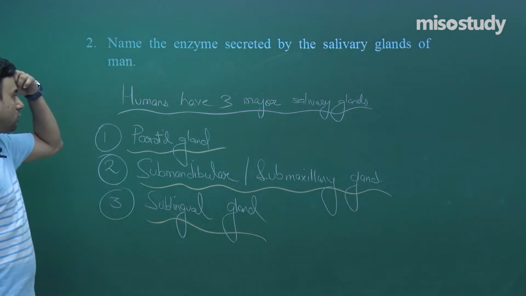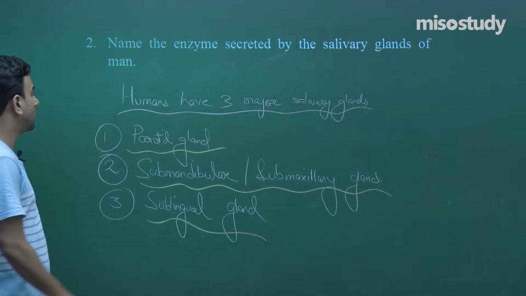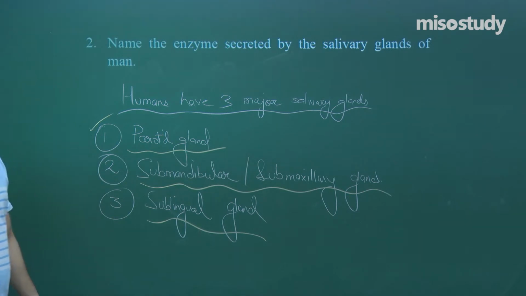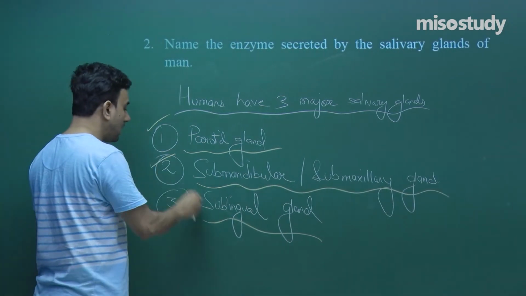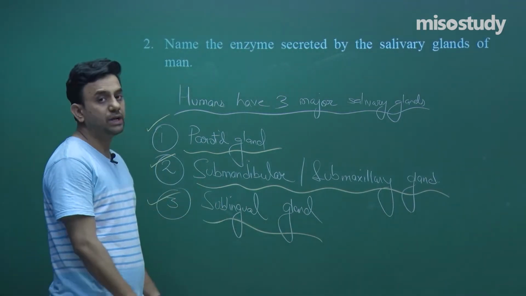So humans have three major salivary glands: the parotid gland, the submandibular or submaxillary gland, and the sublingual gland.